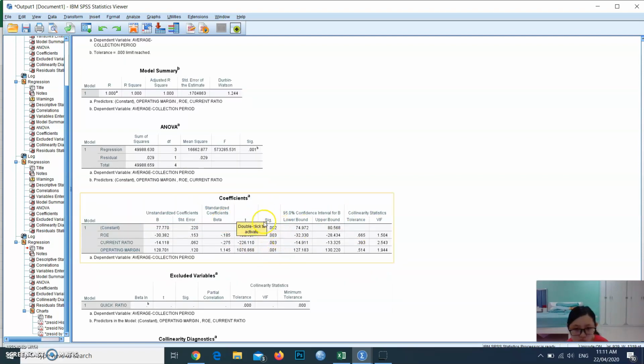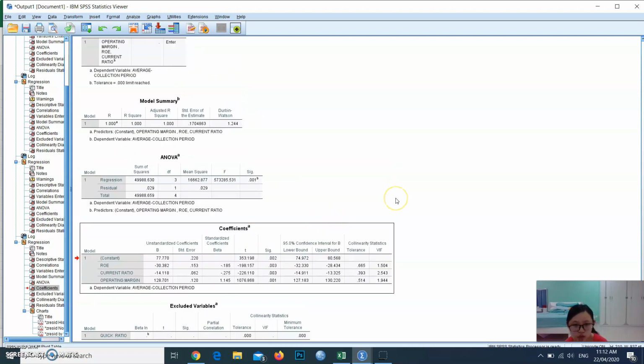From this, we can see that these three internal factors are significant to the dependent variable, meaning that they influence it. ROE and current ratio have a negative correlation with the dependent variable, meaning that decreasing the ROE and current ratio will increase the profit of the company and solve the credit risk of the company.